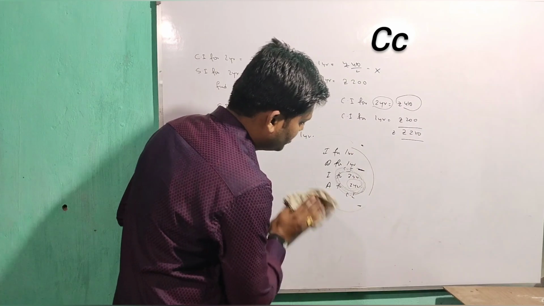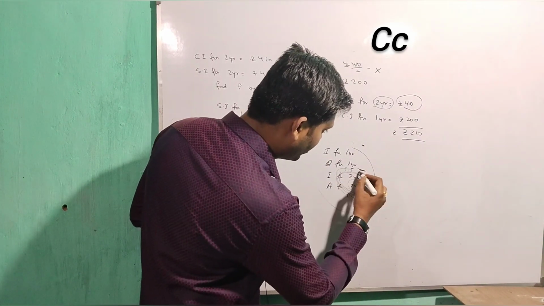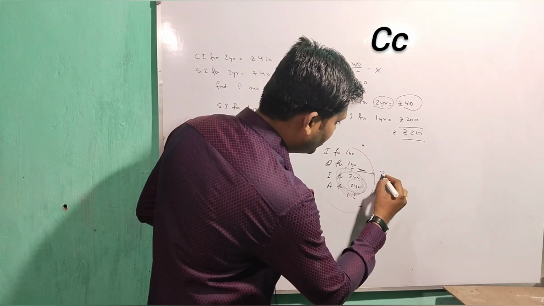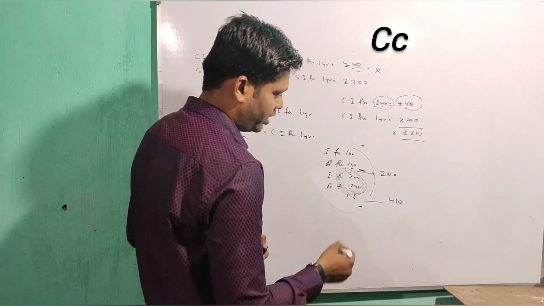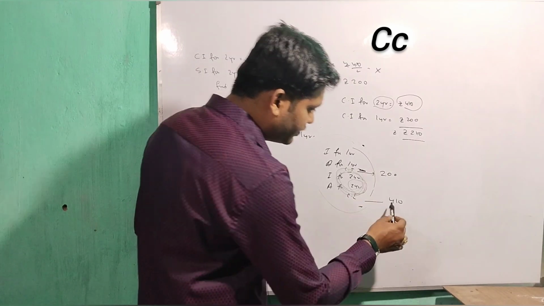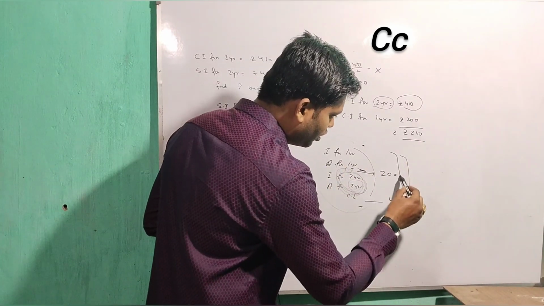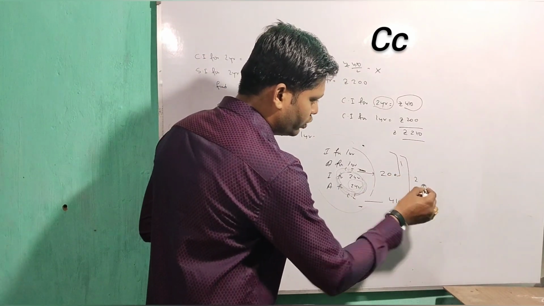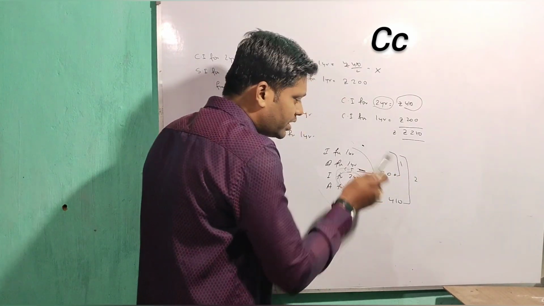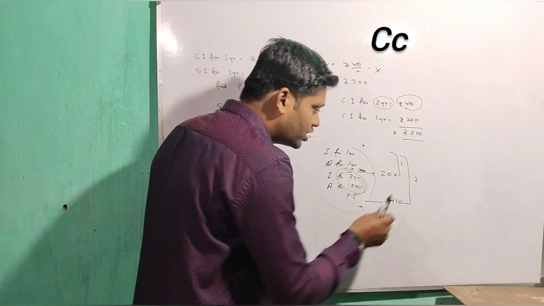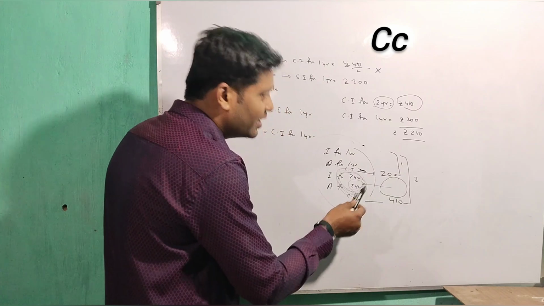For example, when I calculated compound interest for 1 year, I am getting 200 here, and for this one I am getting 410. They are saying that this 410 is for 2 years, and this 200 is for 1 year. So if I subtract this one from this one, I get the compound interest for that particular year, which is the second year.